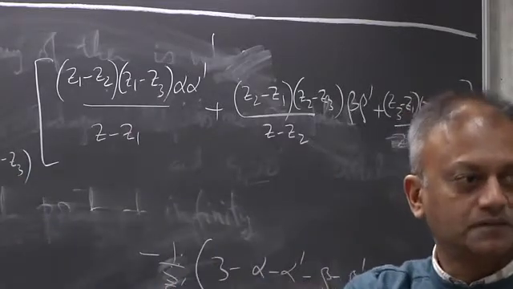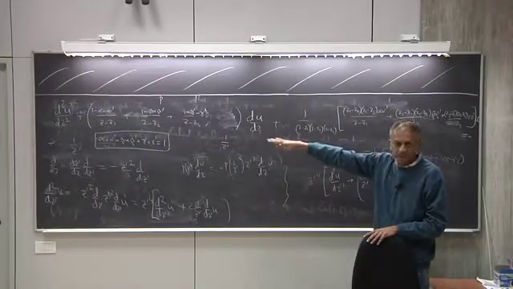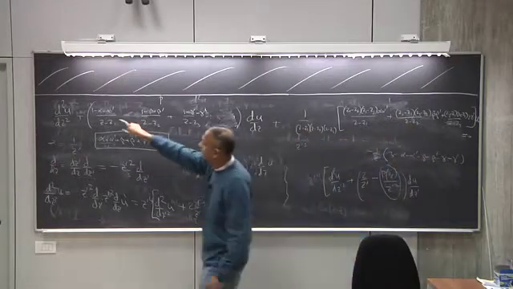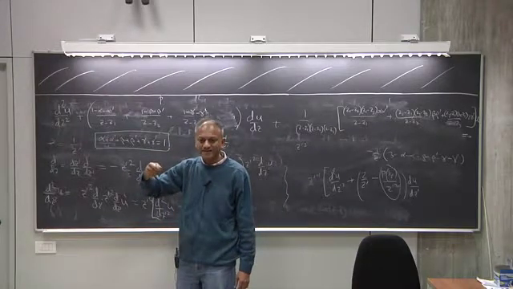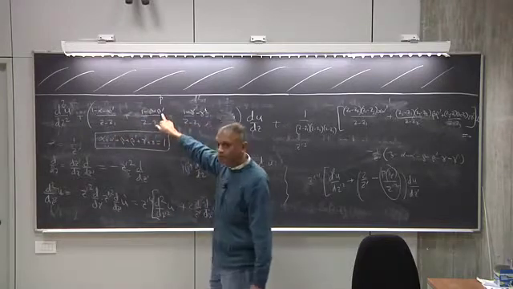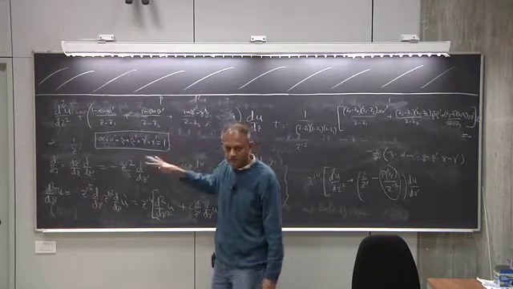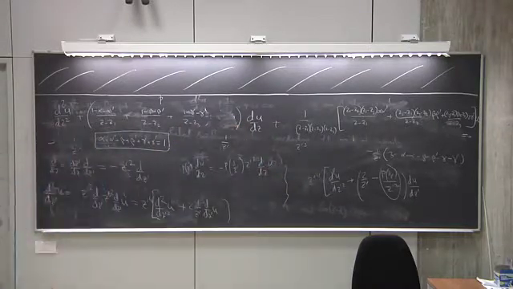I've just traded them with two constants, alpha and alpha prime. This is a parameterization. You'll see immediately why this is a very convenient parameterization, because this alpha and alpha prime will directly be the roots of the indicial equation around Z1. Similarly, beta and beta prime will be the roots of the indicial equation around Z2 and so on. So that's the reason for this parameterization. But is that clear?